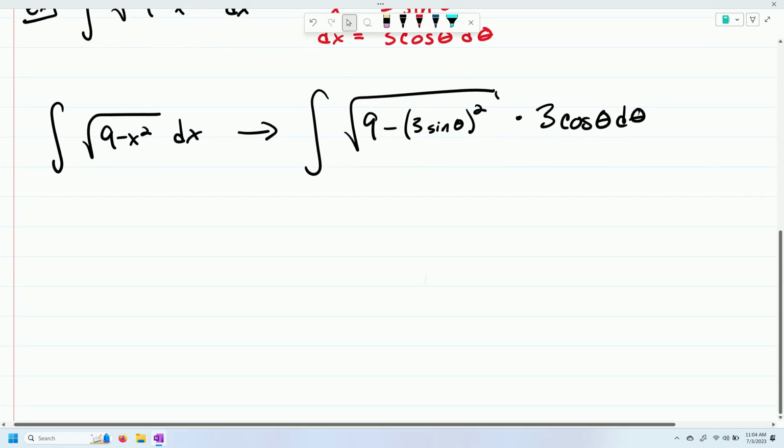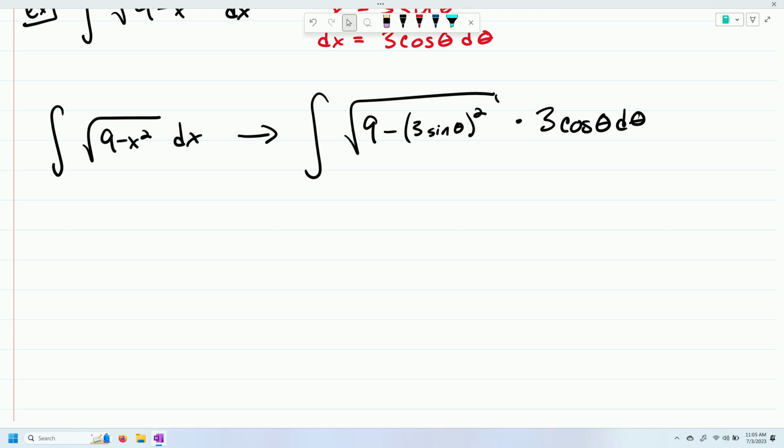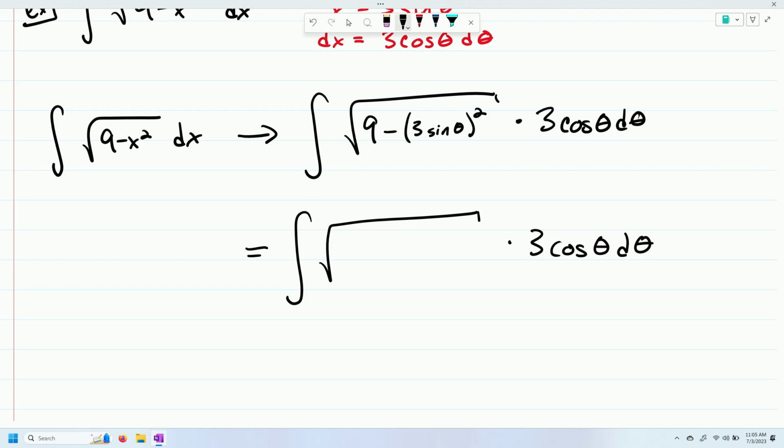And now, if you look underneath the radical, there's some simplifications that can happen there. I'm going to really just draw this one out here so you can see every little step, but they're pretty much all done the same way. First, we're going to square 3 sine theta.